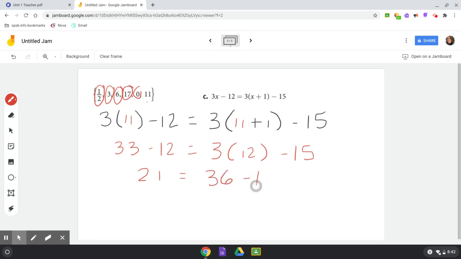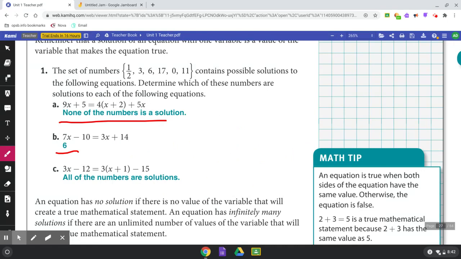And when you subtract 15 from 36, that leaves you with 21. So 21 equals 21. So 11 is also a solution. So if all of those values in that set are solutions, that means that all the numbers are solutions, which is what you see there in the answer book.